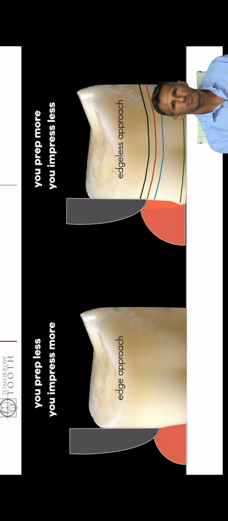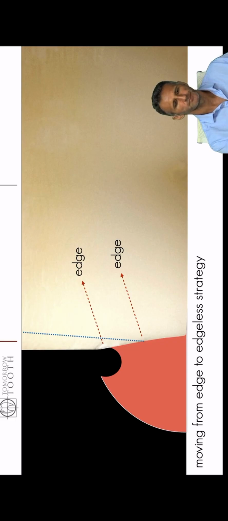So, with the edge approach, you use what you prep for your crown in most of the cases. With the edgeless approach, you prep more, a bit more, or much more, or a lot more, and you can decide after, according to your clinical needs, where to close with your crown.